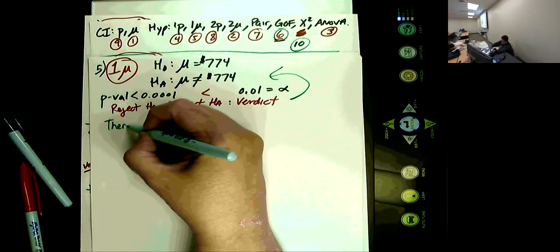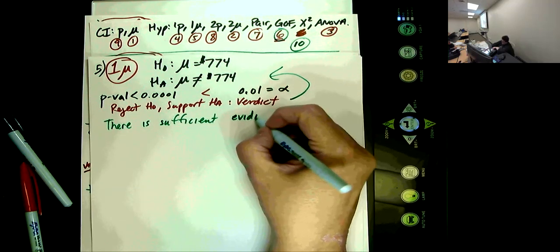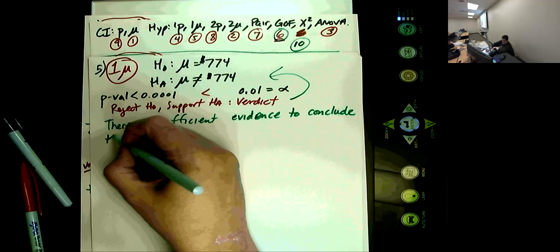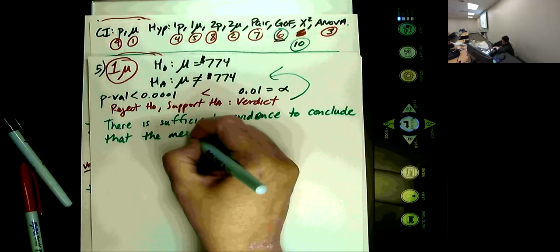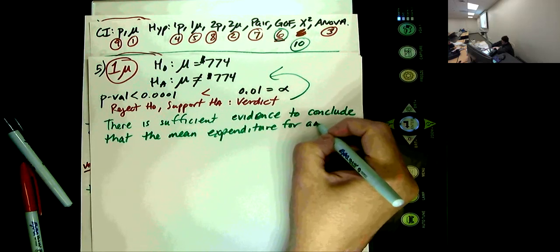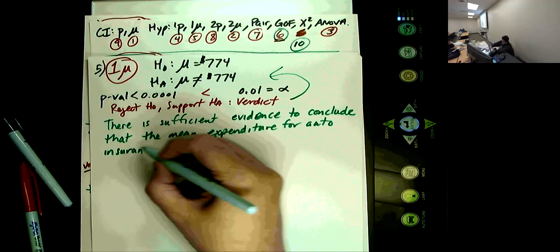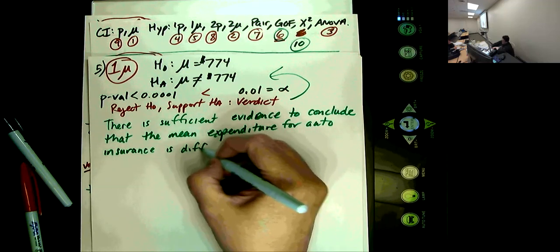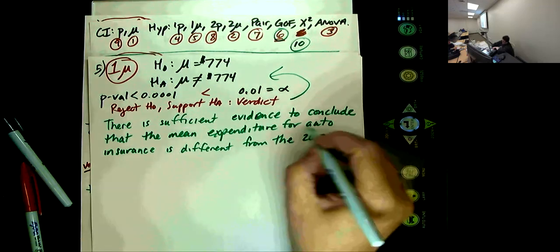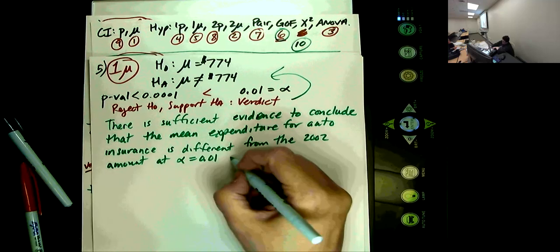There is sufficient evidence to conclude that the mean expenditure for auto insurance is different from the 2002 amount. At alpha equals 0.01 level of significance.